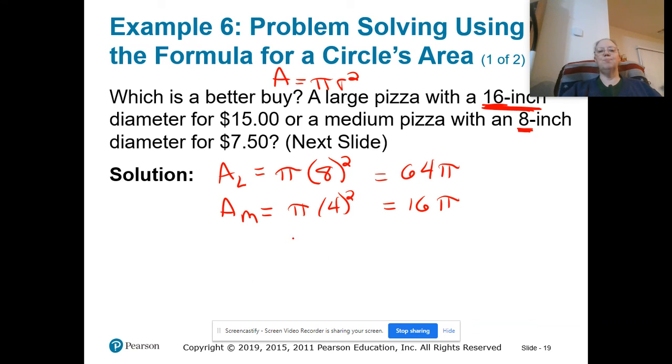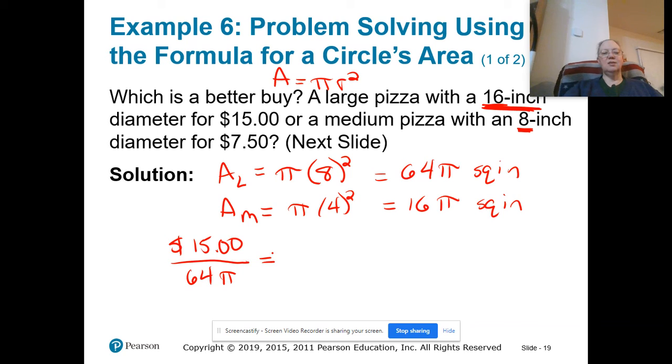We want to find the price per square inch. This is square inch, square inch. So we're going to take for our large pizza is $15 price per 64 pi. And we're going to figure out what that is.